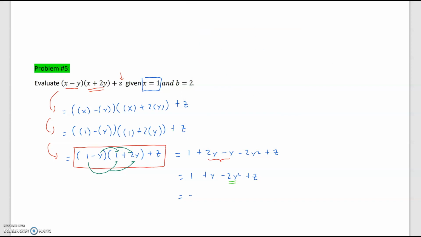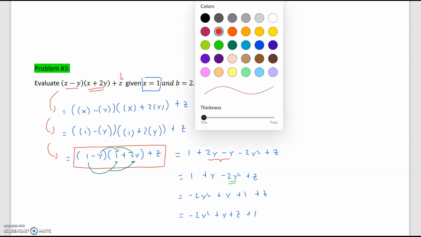So in this case, negative 2y squared plus y plus 1 plus z. And let me put the variables: negative 2y squared plus y plus z plus 1. This is just another way that another answer could be asked at the end of this section.